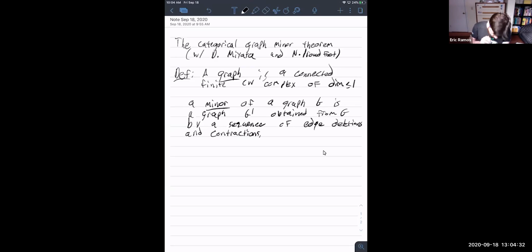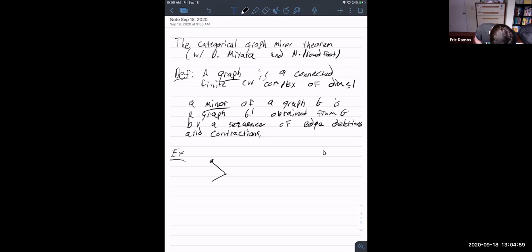I won't super formally define what a contraction is, but the only point of confusion I've run into in the past with audiences is that you're not allowed to contract loops. A contraction is by definition a homotopy equivalence. You are taking an edge, or rather some forest inside of your graph, and collapsing each of the constituent trees down to a point.